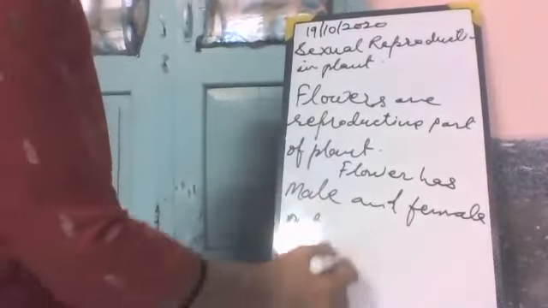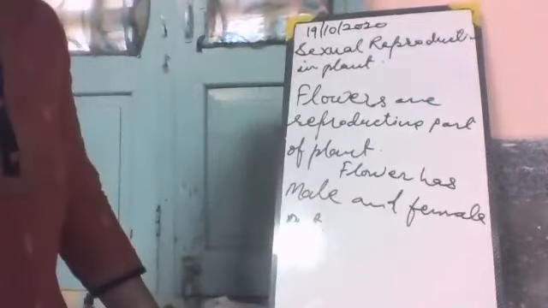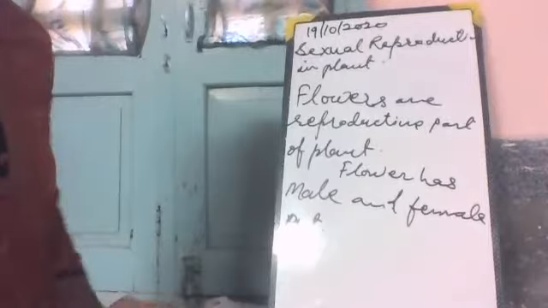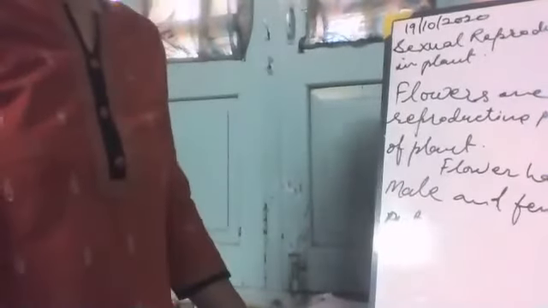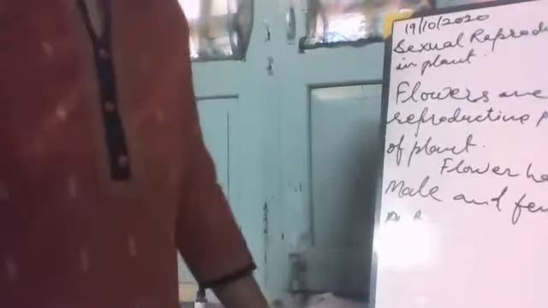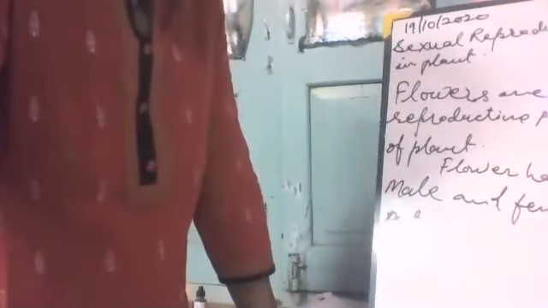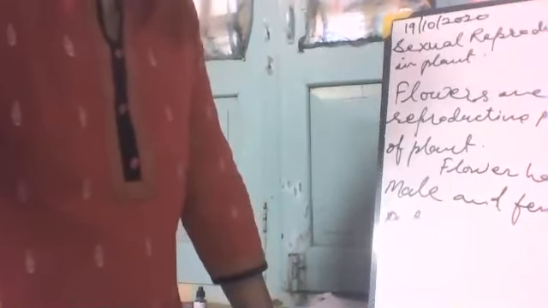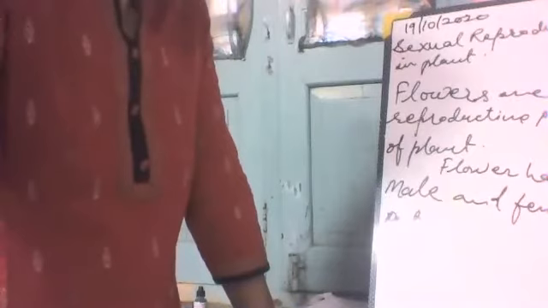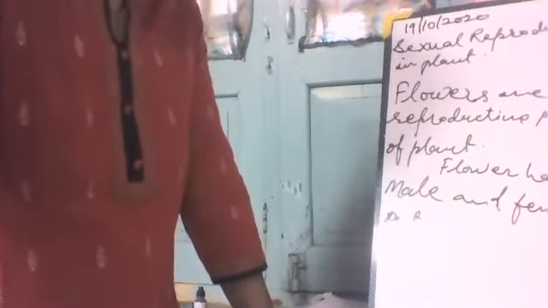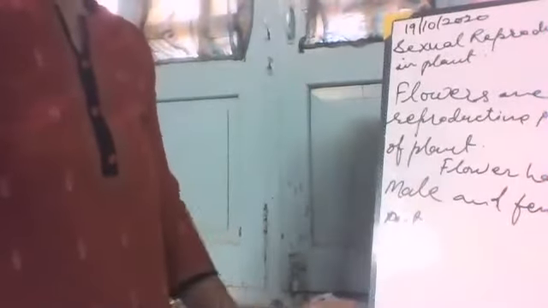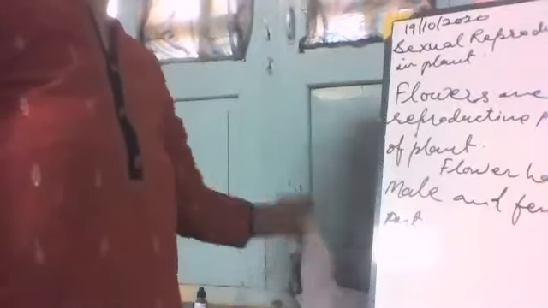After fertilization, they produce seed, and after development these change into fruit. The flower is the reproductive part of the plant. To understand this, have a look at the structure of a flower.